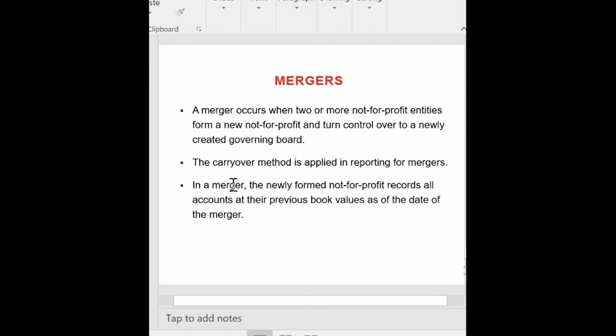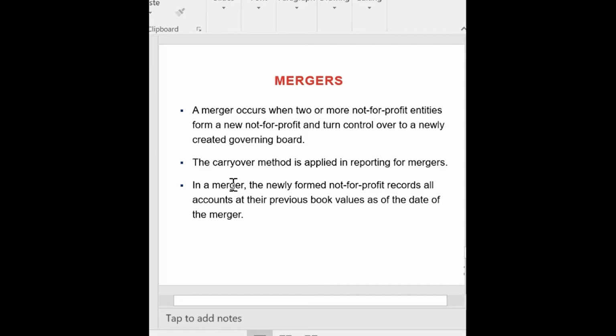Now the term merger, you use this term when two not-for-profit entities merge and form a new company. In that case none of them controls the other, rather they create a new company, and you have to use the carryover method.